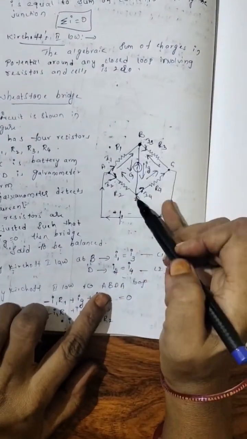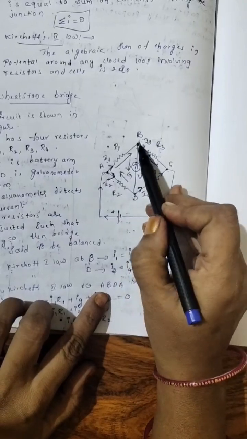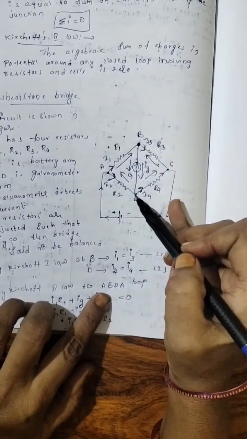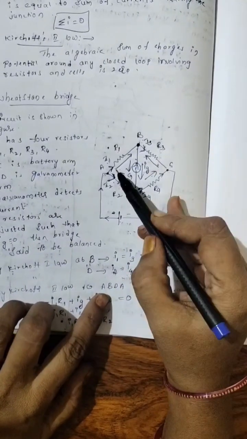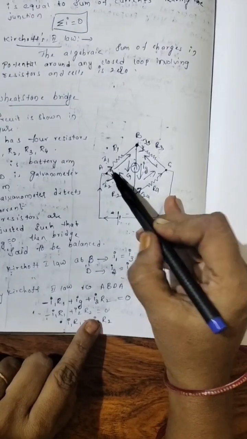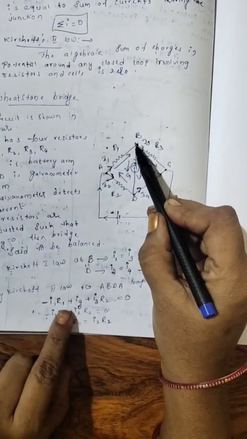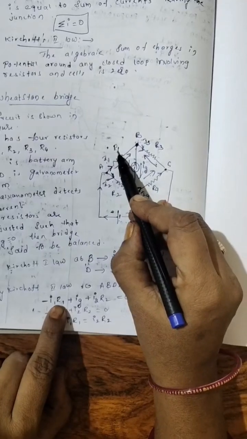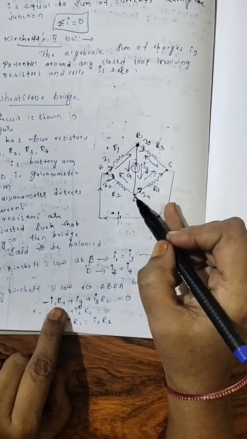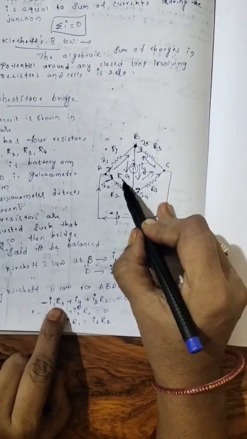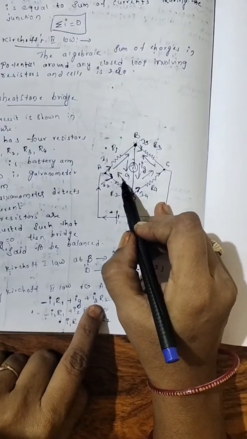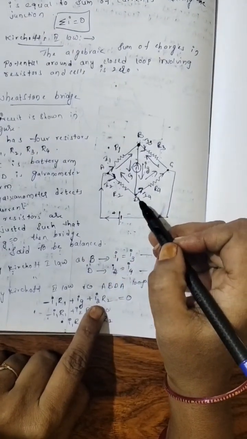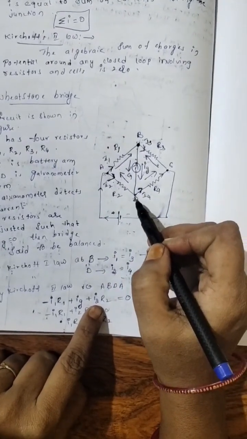So first I took A, B, D, A. My path is from A to B, B to D, D to A. So here current direction and path direction are the same, so I took I1 R1 with negative sign. And here current direction and path direction are opposite, so I took I2 R2 with positive sign.